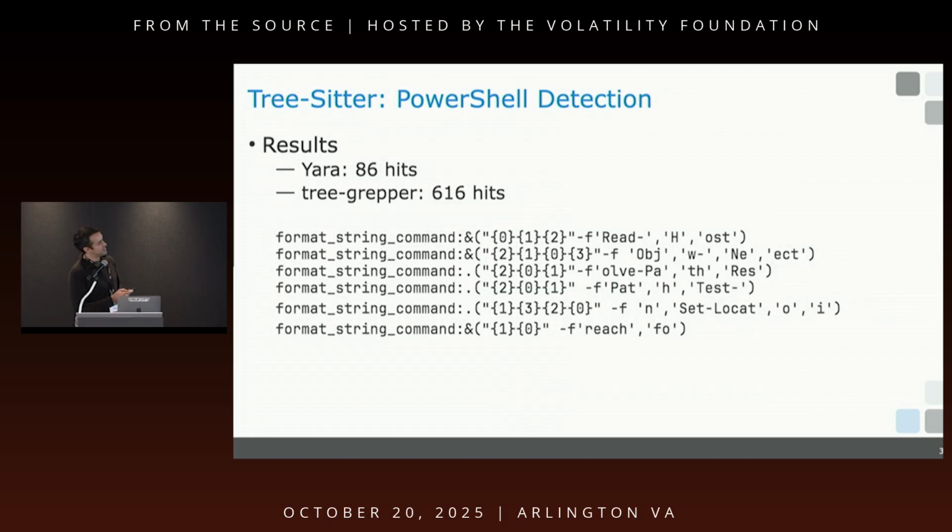But I used a tool called TreeGrepper, which is an open source tool that lets you run TreeSitter queries for a language against source code documents. So you're searching for programming language syntax features instead of text. And it came up with 616 hits. So it's pretty much perfectly detecting all of these format string commands here. That's the output of the tool, just showing you exactly what you're looking for.